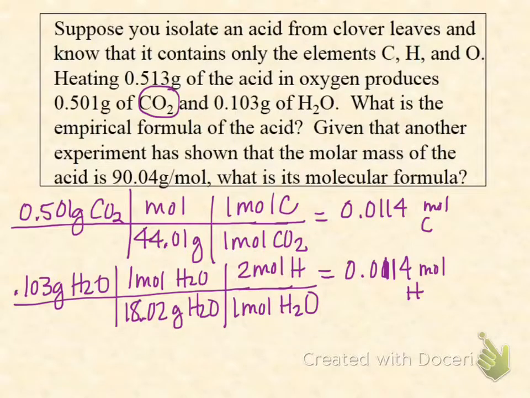What I'm going to do is a calculation over here and multiply by the molar mass of carbon, which is 12.01 grams per mole. When I do that, I get 0.137 grams. I'm going to do the same thing for hydrogen. What do I use for the hydrogen's molar mass?